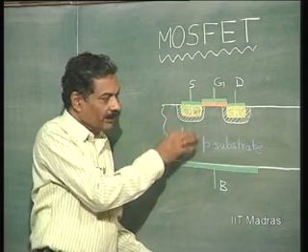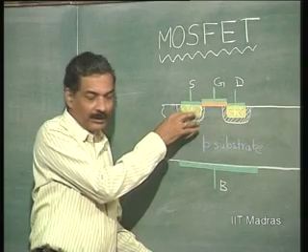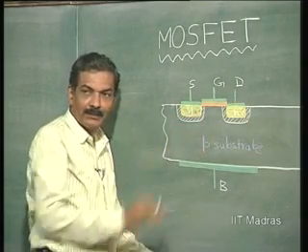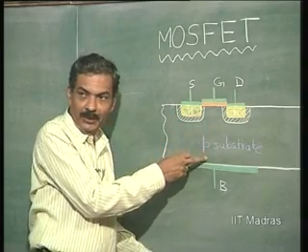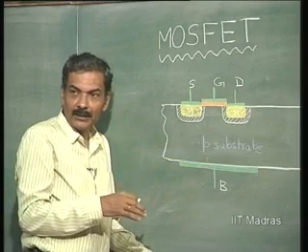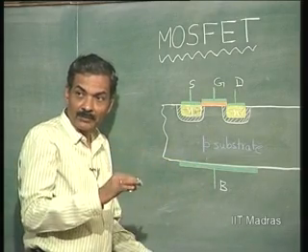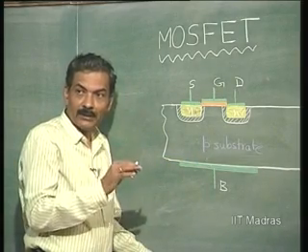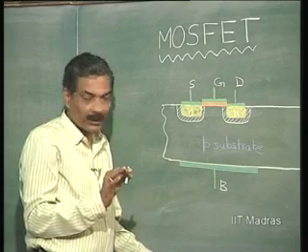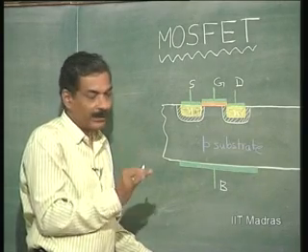So, we have a junction here. This is always connected to the most negative potential, so that when the signal is applied, under no circumstance will it ever go to a positive bias situation. So, the isolation is maintained.